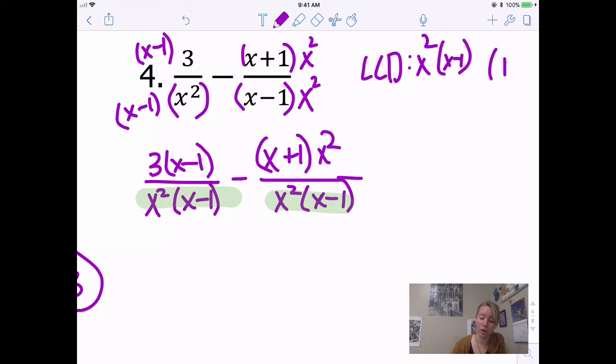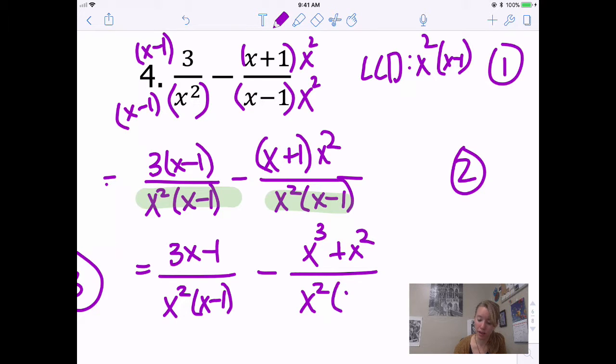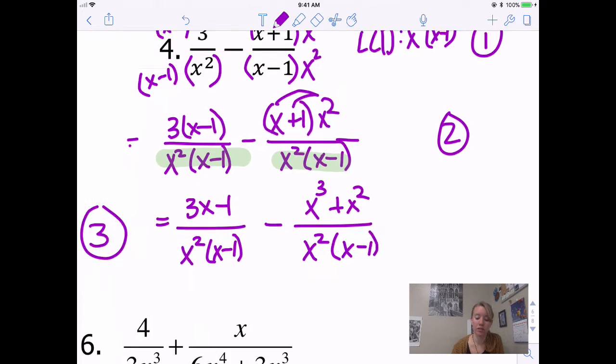So this was step 1, finding the LCD. Step 2 is rewriting. And then step 3 is combining. So I get 3x minus 1, x minus 1, minus x to the third plus x squared over x squared, x minus 1. Okay, notice that's because I distributed the x squared into both pieces of the parentheses.